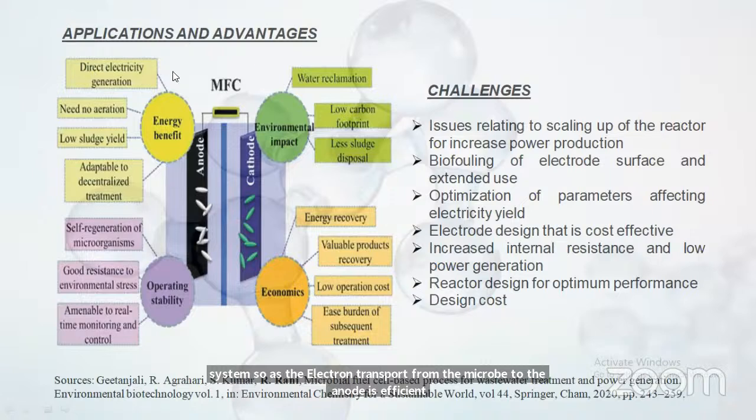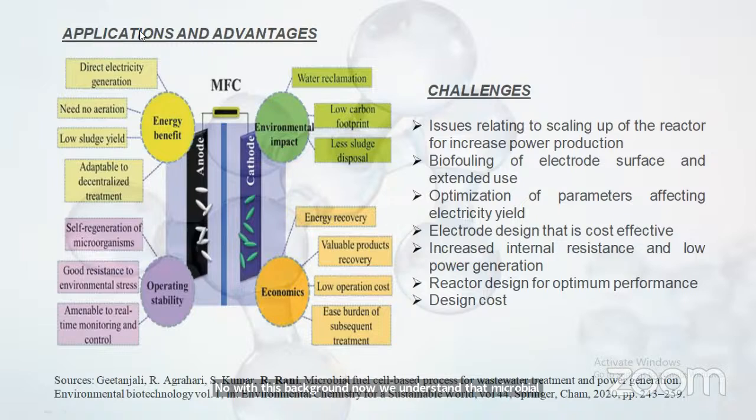Now, with this background, we understand that the microbial fuel cell is an emerging technology and it has several advantages and applications. The very first thing is it is an environment friendly and cost effective technology which can be sustainably used to produce green electricity with minimum requirement.